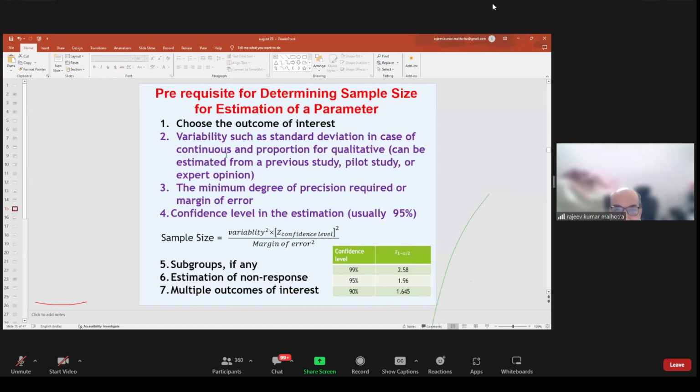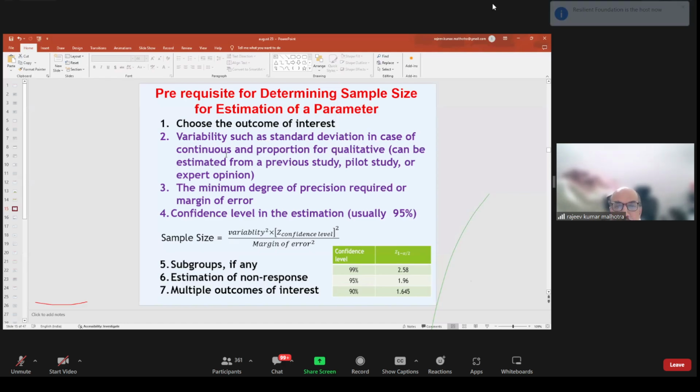The third thing is the minimum degree of precision required, or margin of error. Suppose you are estimating the proportion of delirium. You estimate that the delirium proportion in cancer patients is 50%. But when you do the study, it may not be 50%, it may be 45%. Another study may give 55%.